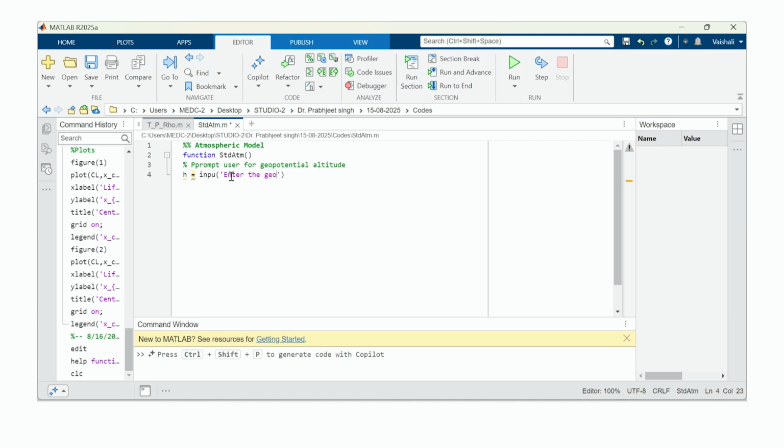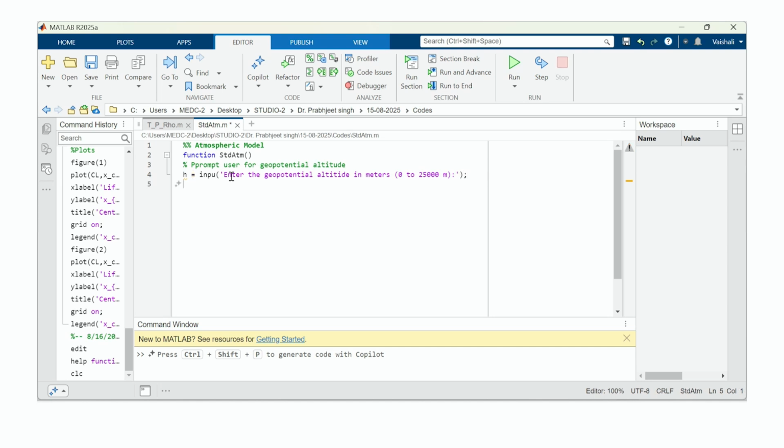Enter the geopotential altitude in meters, 0 to 25,000 meters. And in the end, a semicolon.